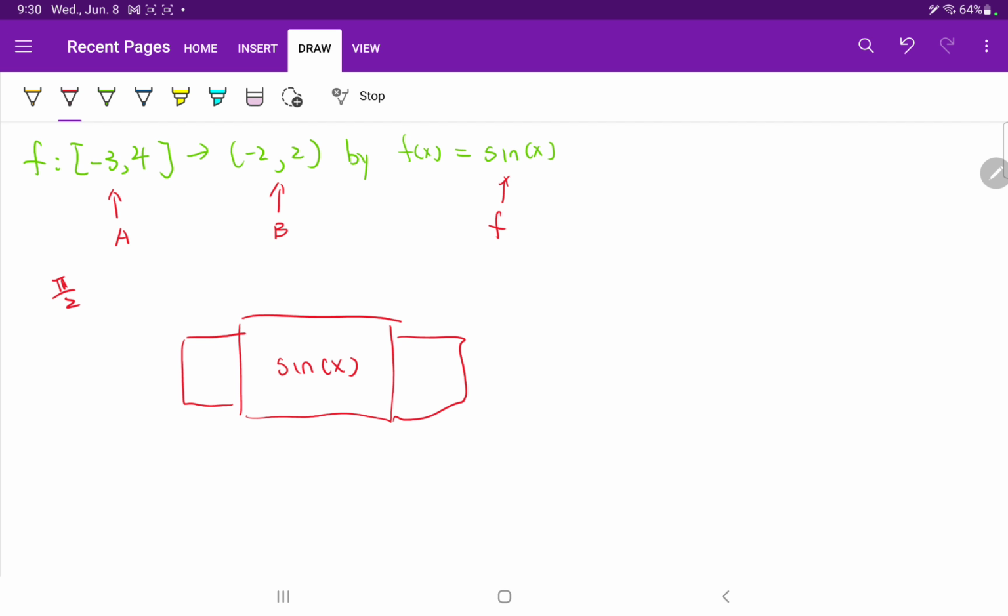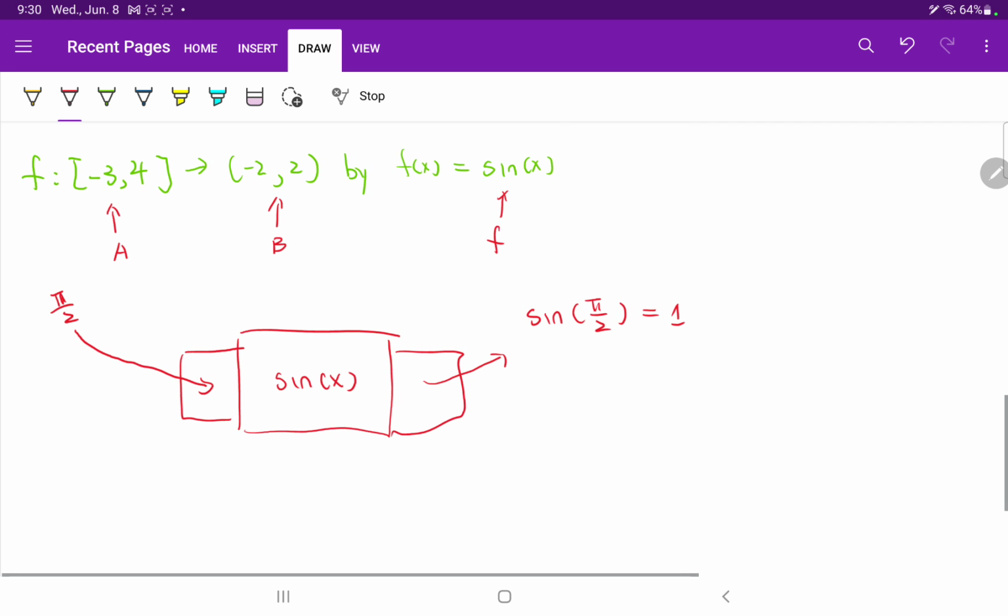Pi over 2 is roughly about 1.5 or something like that, which is in our domain, so that's fine. So we are curious about what happens if we take this value, input it, and see the output. Well, the sine of pi over 2 is equal to 1, which makes sense, right? And 1 is also part of the codomain, so nothing's violating anything, right?